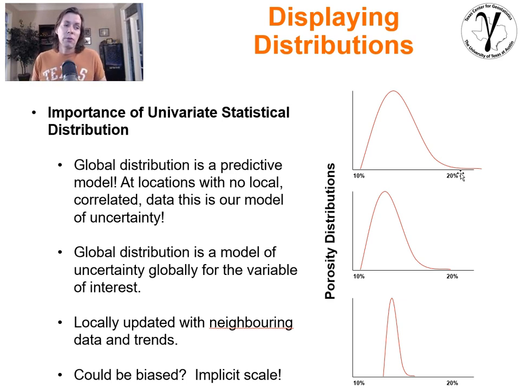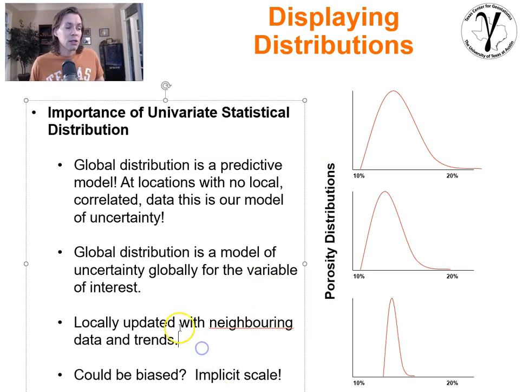We could use this distribution to say, hey, you have no other information. This is the maximum amount of uncertainty we have. It could be anything between 10 and 20% with these relative frequencies. So really, we can look at the statistical distribution as a model of uncertainty that we could use globally at locations away from available data to us. So this is very useful.